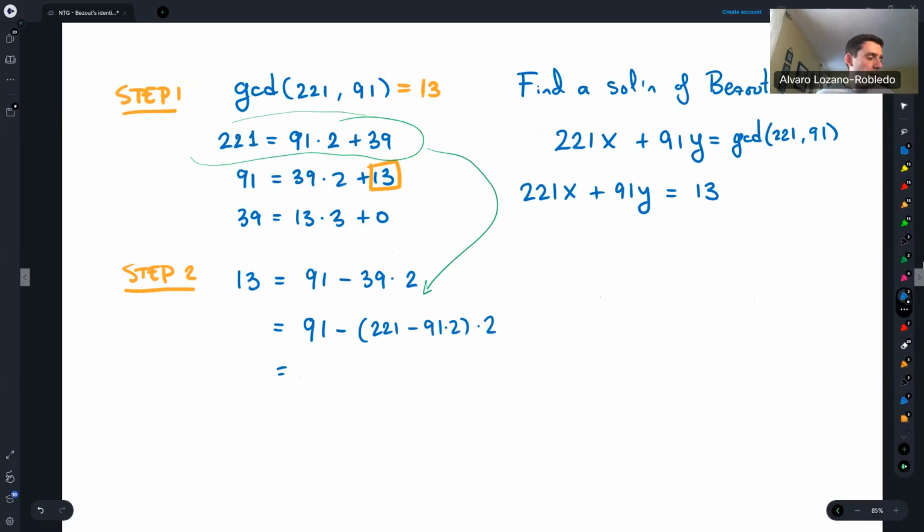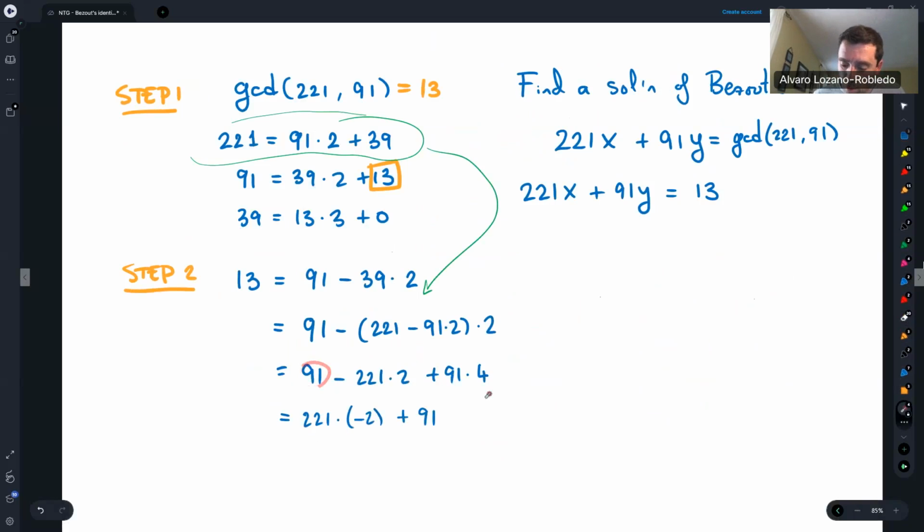That is 91 minus 221 times 2 plus 91 times 2 times 2, which is 4. So this gives me 221 times minus 2 plus 91, and you see there is 1 91 and 4 91s, so there are 5 91s.